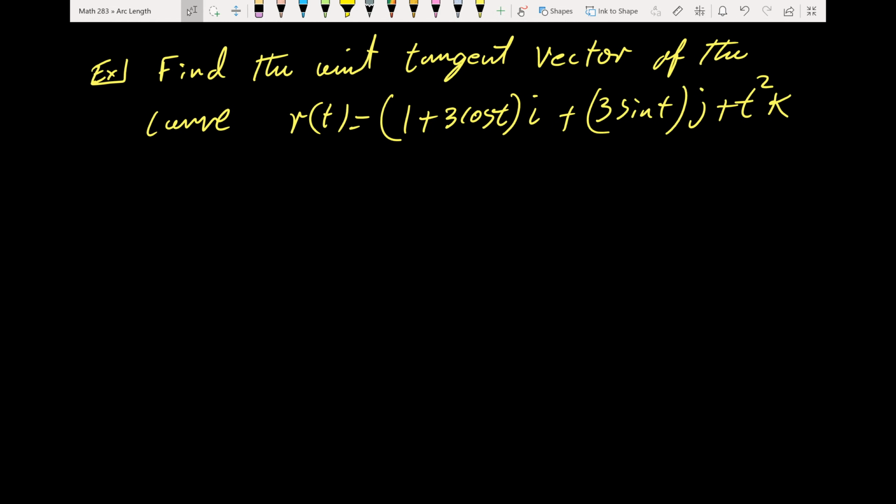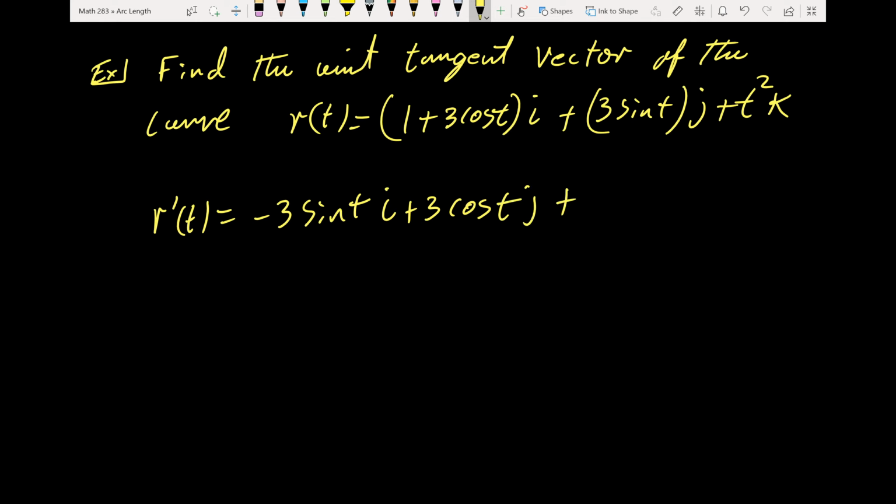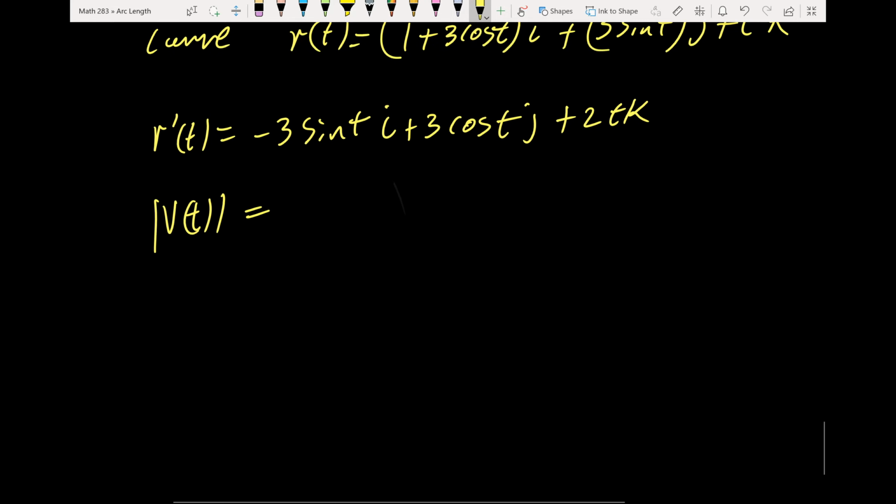All right, let's look at it. What's r prime of t? 3 sine of t i plus 3 cosine of t j plus 2t k. And what's the magnitude of that? In this case, you get what?